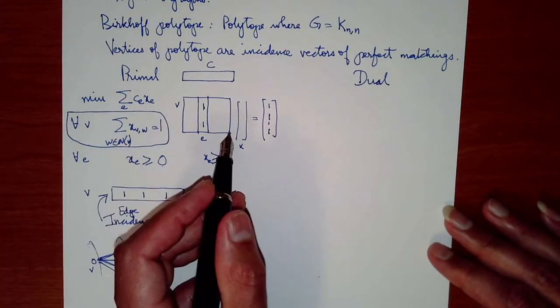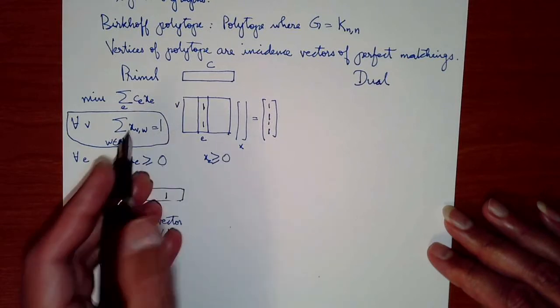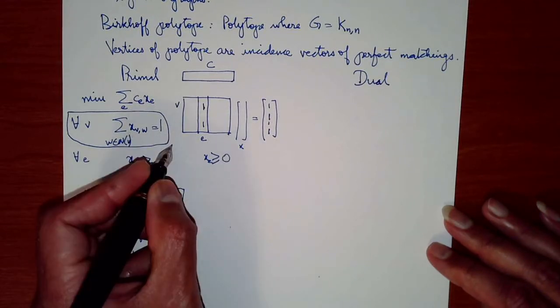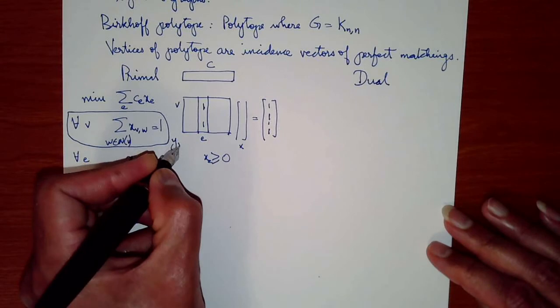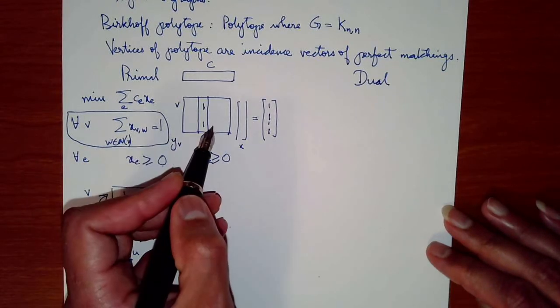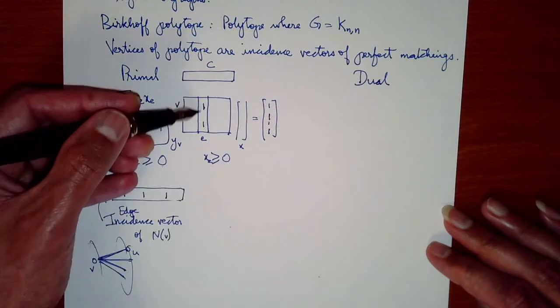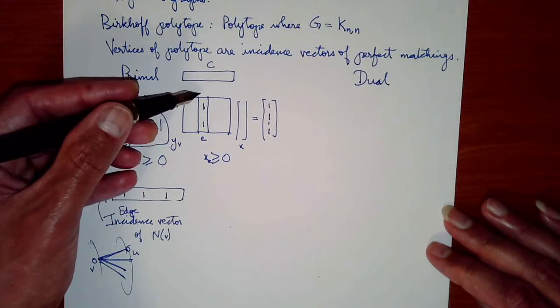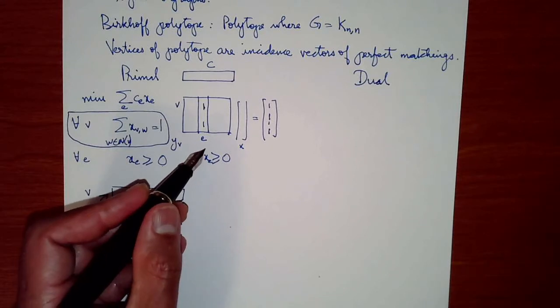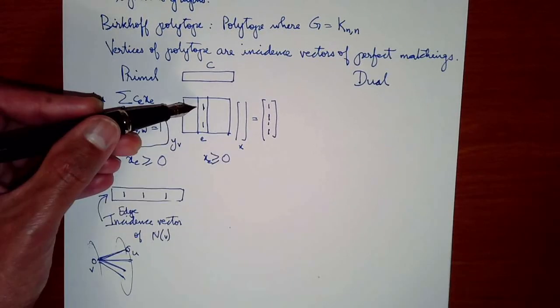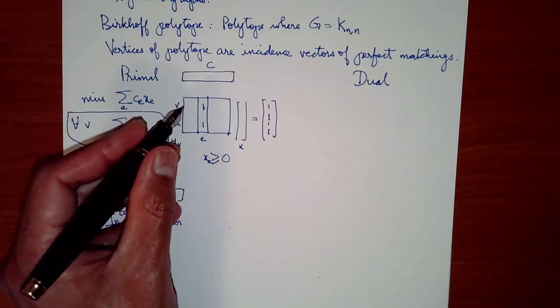So note that the dual has a variable for every constraint. So the dual is going to have this variable YV. And there's going to be a constraint for every edge, where you just take YU plus YV.